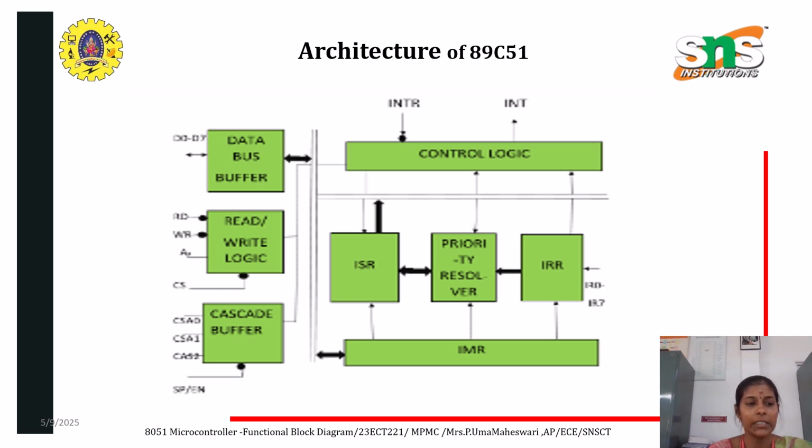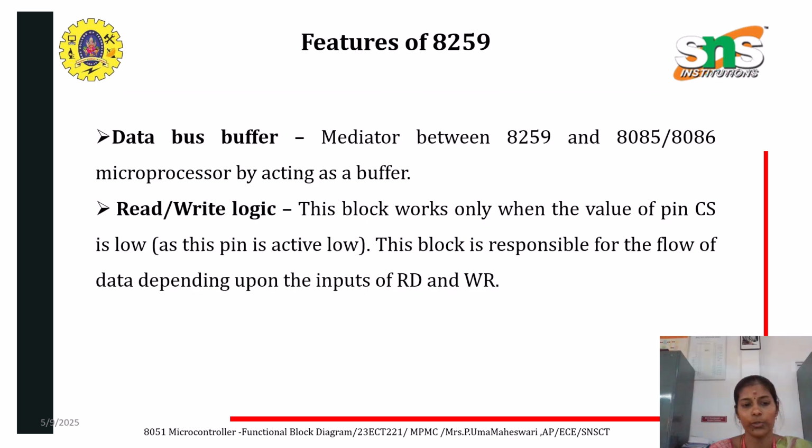In the case of multiple interrupt inputs, the 8259 PIC can manage up to 8 interrupt inputs, allowing for the management of complex systems with multiple devices. It is also easy to use.